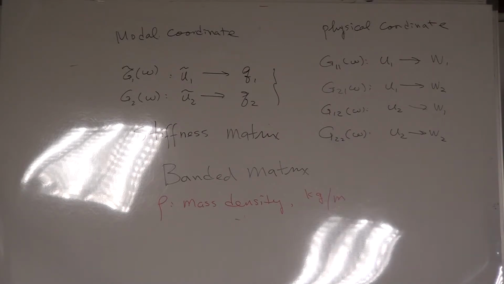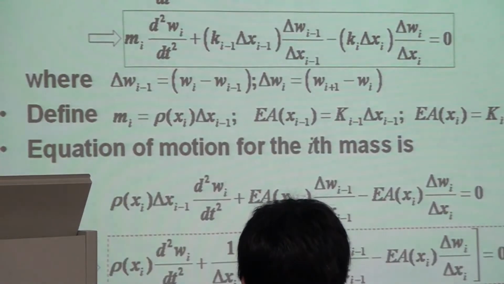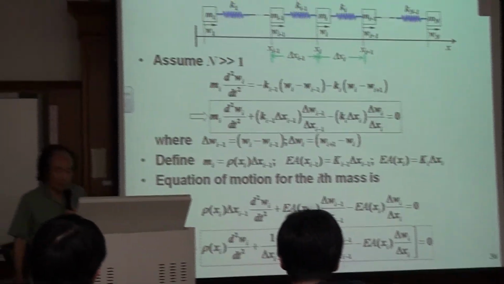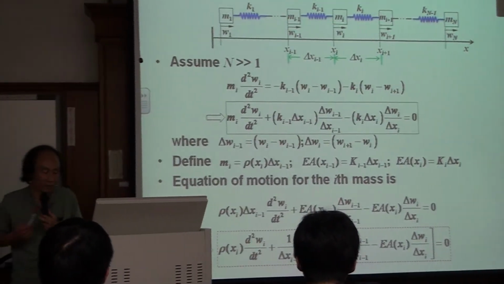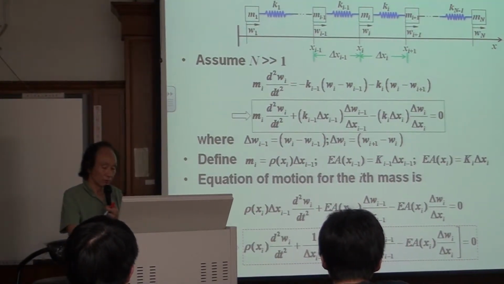So if I do that, then in the last equations you can see that I have moved the delta x i minus 1 to divide the whole matrix. If you still remember your calculus, you can see that if delta goes to very infinitesimally small, then this becomes a differential equation like that.